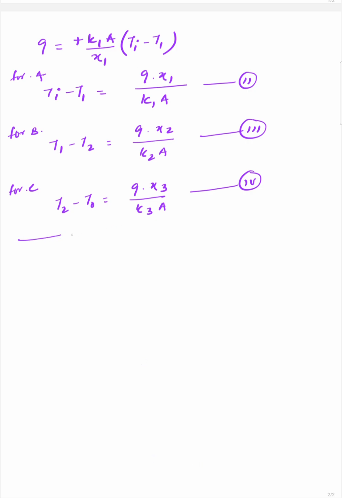So to get the equation for the composite wall, let's add all the equations. You will notice that T1 cancels, and T2 again cancels.